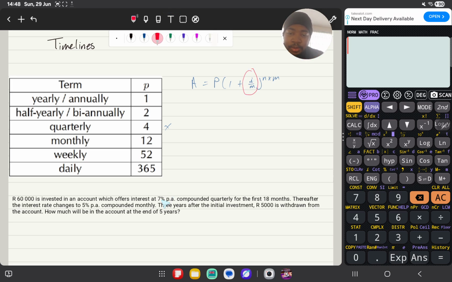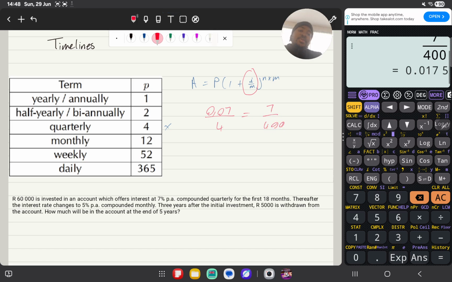So 4, right? We have this 7%, which is 0.07. We're going to divide it by 4. Let me just say 7 over 400.